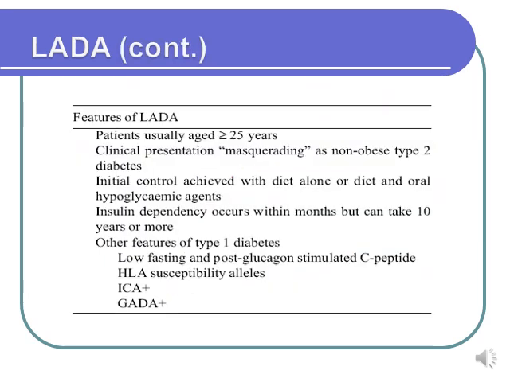So what are the features? Usually aged more than 25 years, clinical presentation masquerading as non-obese type 2 diabetes, initial control achieved with diet alone or diet and oral hypoglycemic agents. Insulin dependency occurs within months but can take 10 years or more. Other features of type 1 diabetes are low fasting and post-glucagon C-peptide, HLA susceptibility alleles, islet cell antibody, and glutamic acid decarboxylase antibodies.